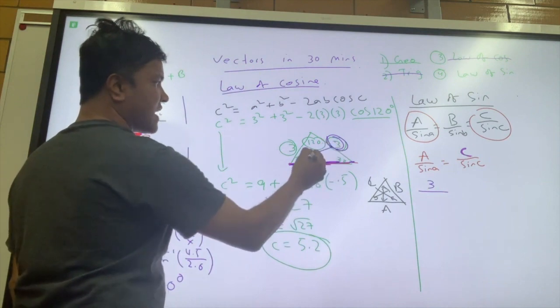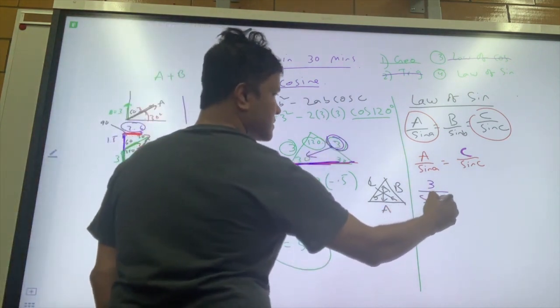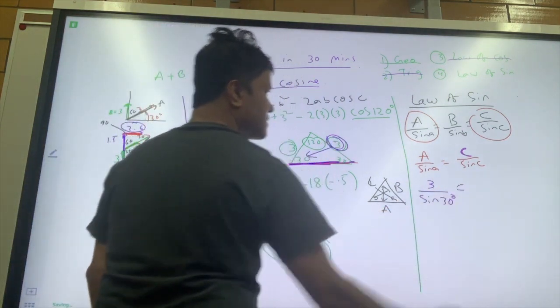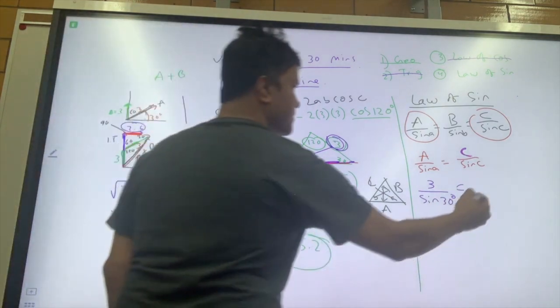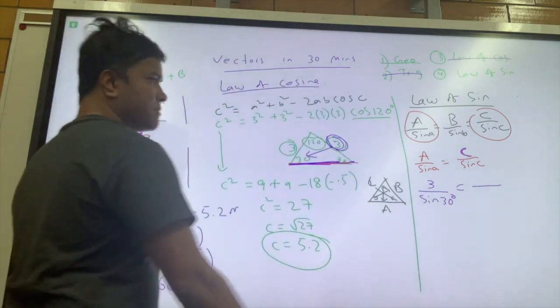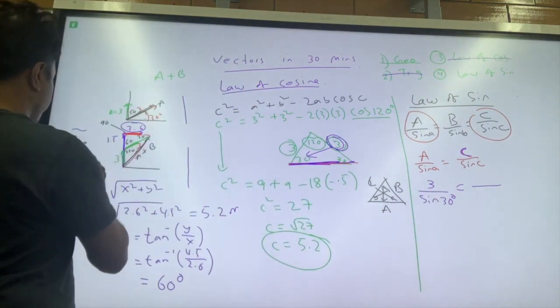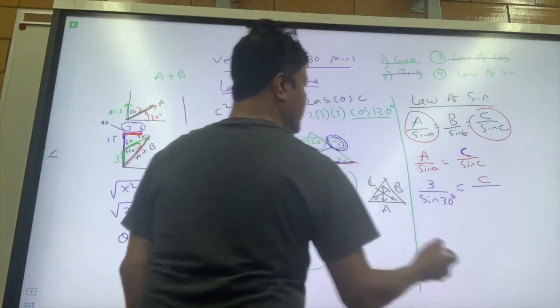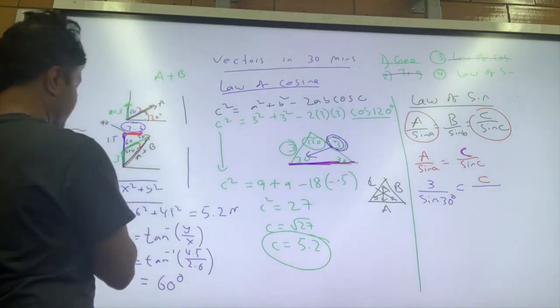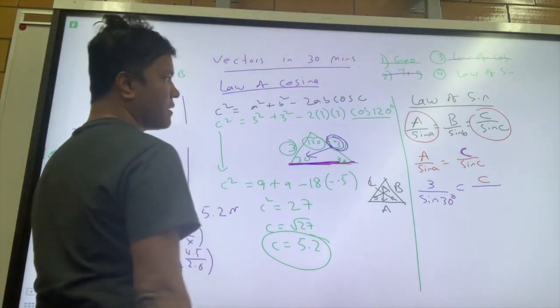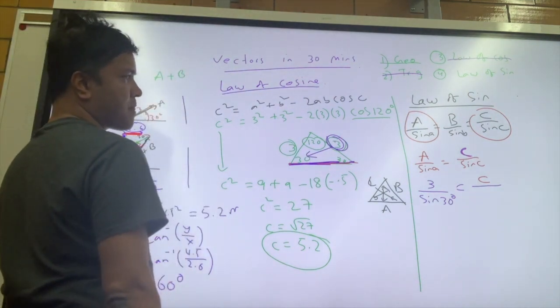If A is 3, what is the angle? 30. Sine C, so where is our C?